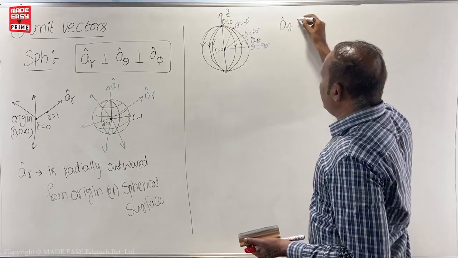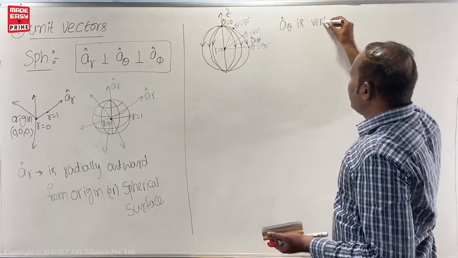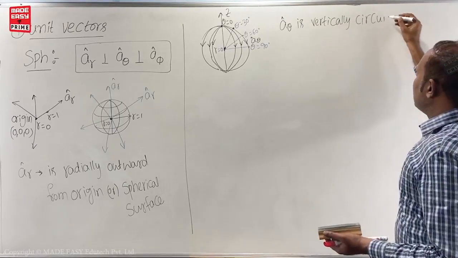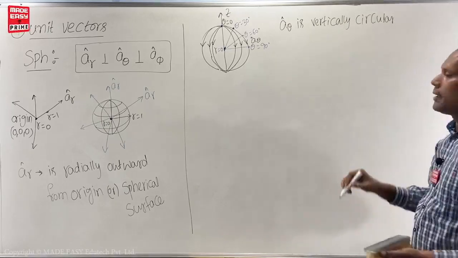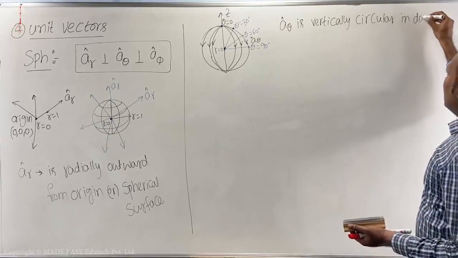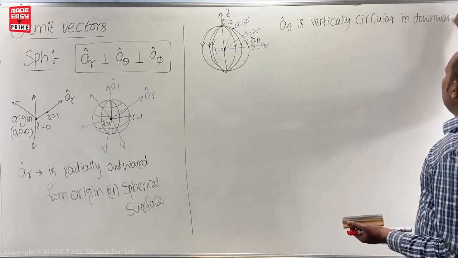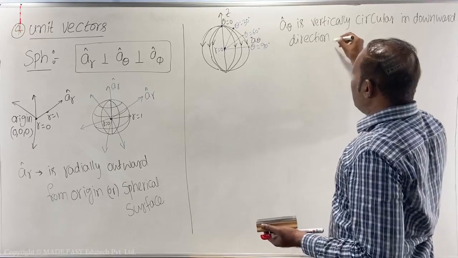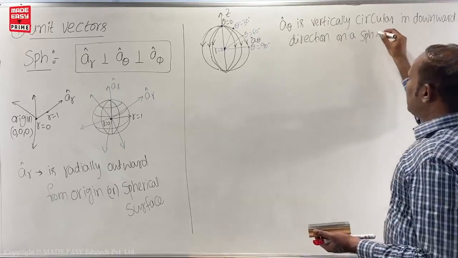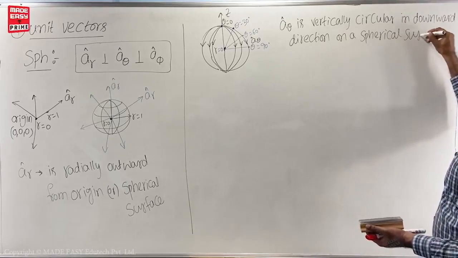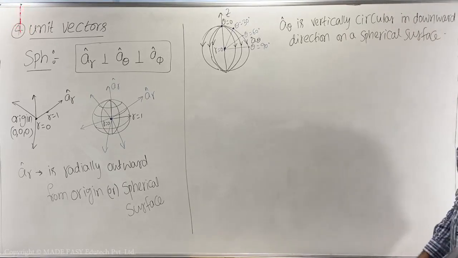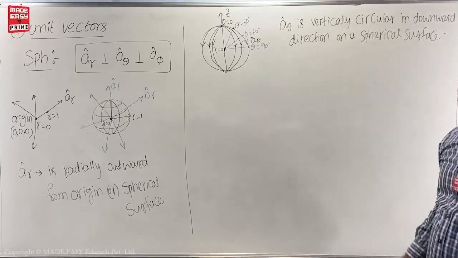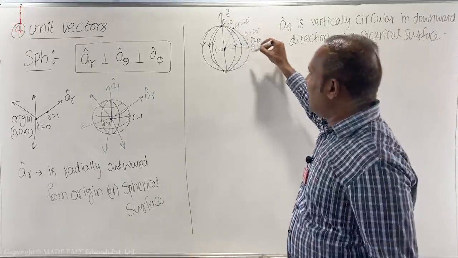A theta cap is vertically circular in downward direction on a spherical surface. Very simple, students. Theta angle, that is why circle. It is vertical angle, vertical circle. In down direction, angle increases.